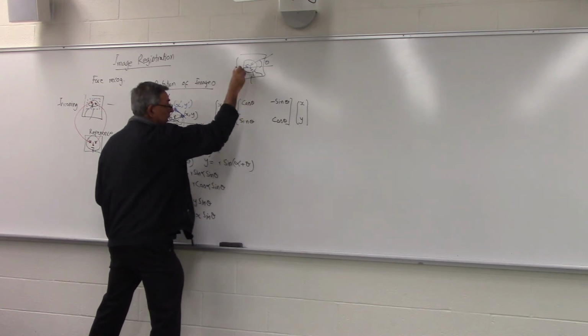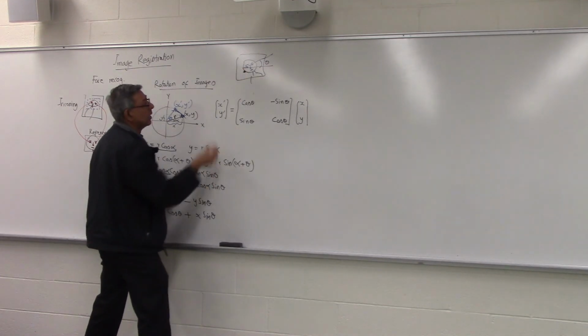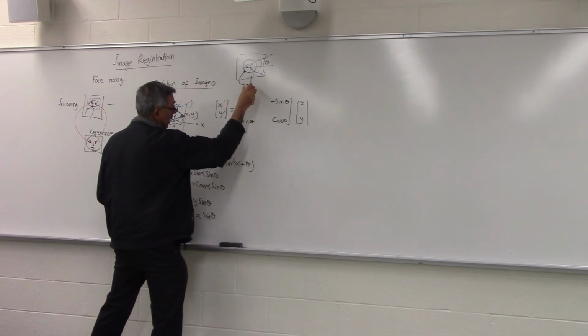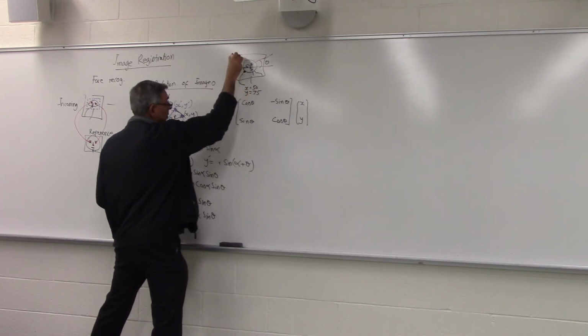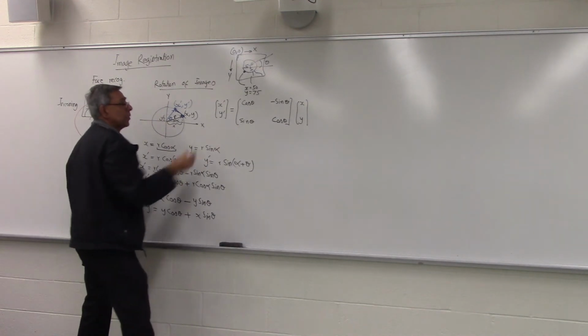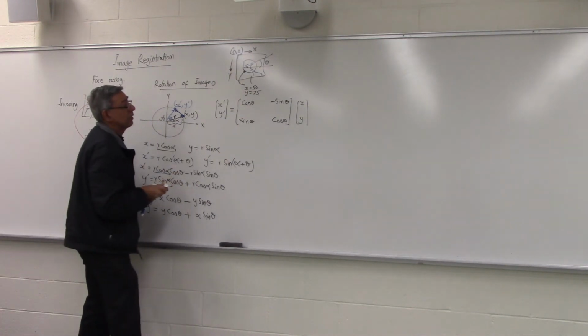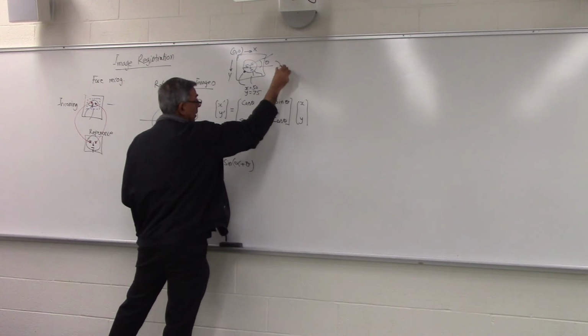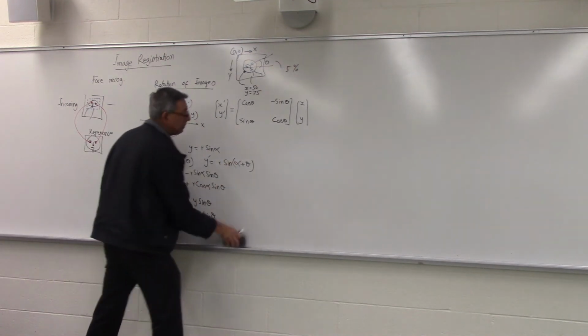Whichever pixel we pick, let's say I pick this pixel, and the coordinate of this pixel is x of 50, y of 75, because remember in images the top left is 0, 0, the x-axis goes this way, the y-axis goes this way, right? Suppose the rotation is, let's say, 5 degrees.